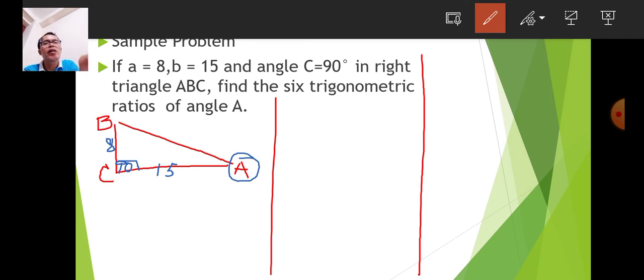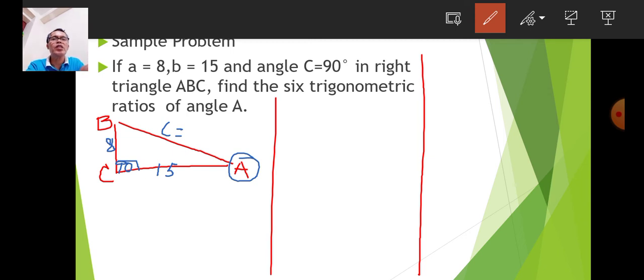In applying the six trigonometric ratios, you have to see to it that the three sides are given. In this case, side C, or the hypotenuse, is not given, so it is unknown. So before we can use the six trigonometric ratios, we are going to solve first for the length of C.